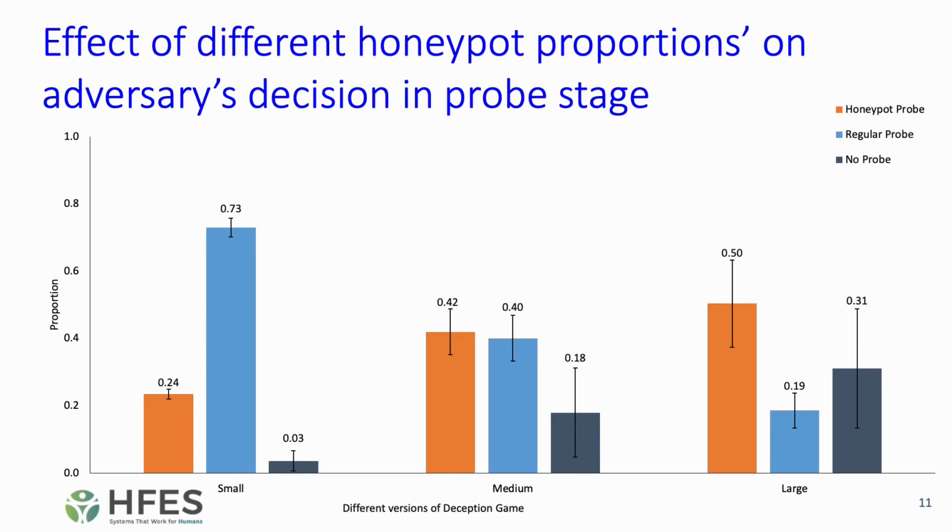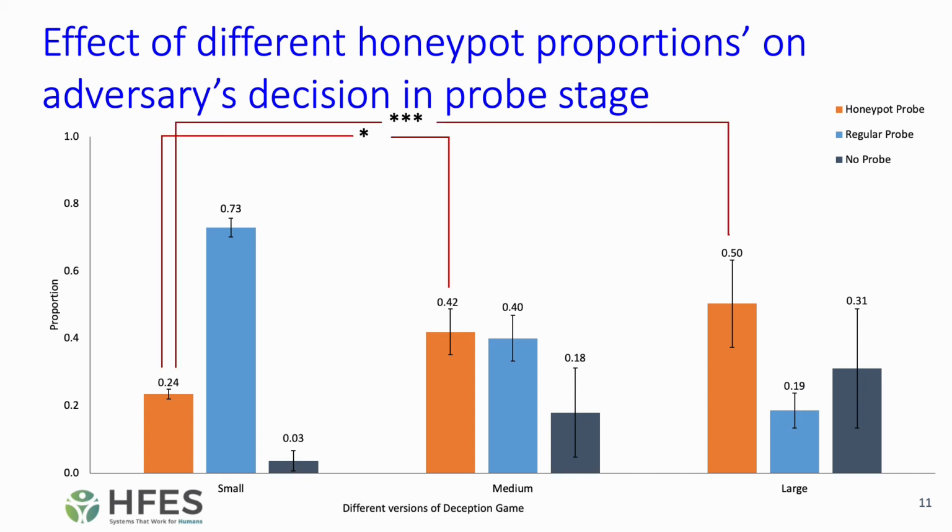These are the results from the probe stage. The x-axis denotes the different conditions containing different honeypot proportions, and the y-axis denotes the proportion. Orange denotes the honeypot web server probe decisions, blue denotes the regular probe decisions, and dark gray denotes the no-probe decisions.